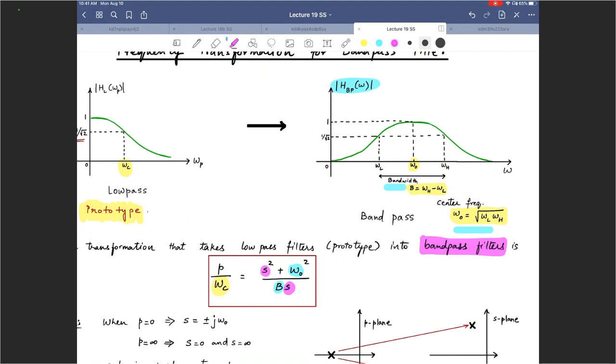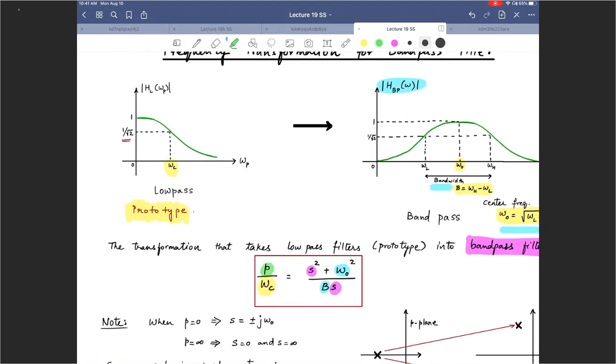However, P is actually S for the prototype filter, which is the low pass filter. So think of P as, let me write it in right here, P is S for low pass filter.